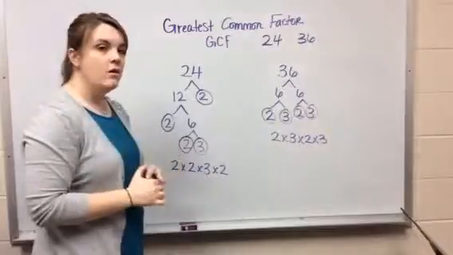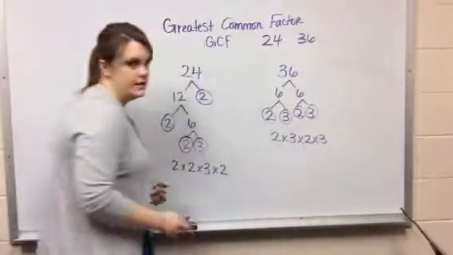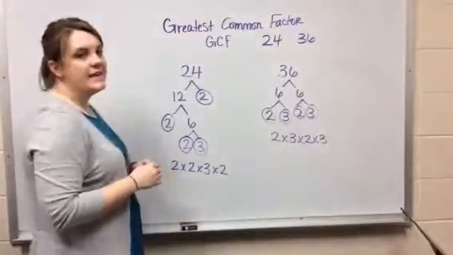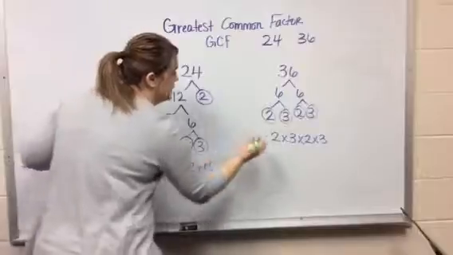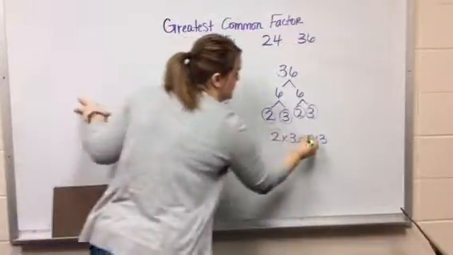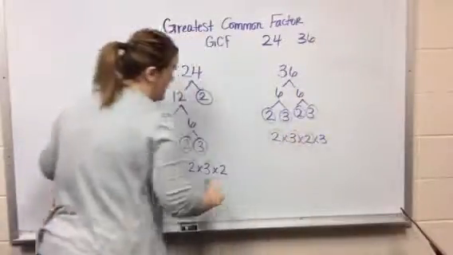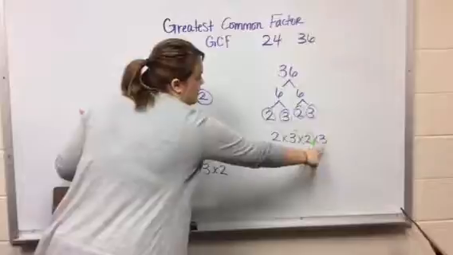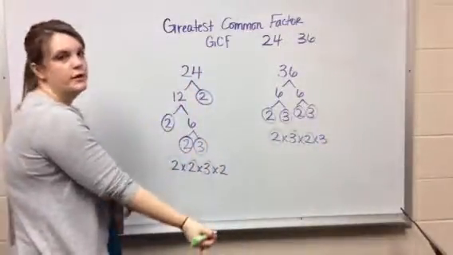Now, I'm going to look for the numbers in my prime factorization that they have in common. Well, I have a 2 here and a 2 here. And I have a 2 here and a 2 here. And I have a 3 here and a 3 here. But then these numbers aren't in common. So the numbers that they have in common are 2 and 2 and 3.